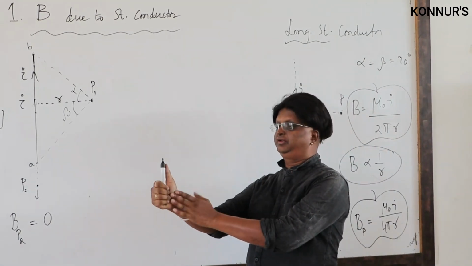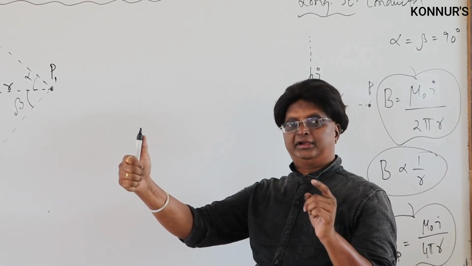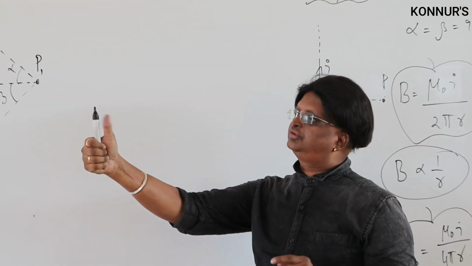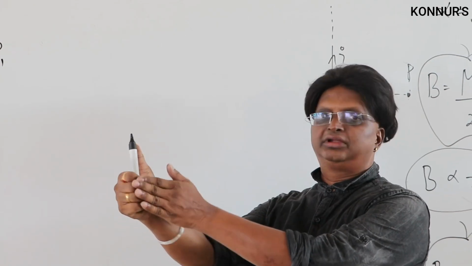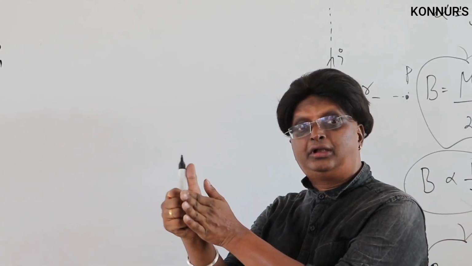Now for a straight conductor we are telling the rule that if this thumb represents the direction of current, the curl of the fingers represents the direction of field lines. Again I am telling you this is representing field lines.